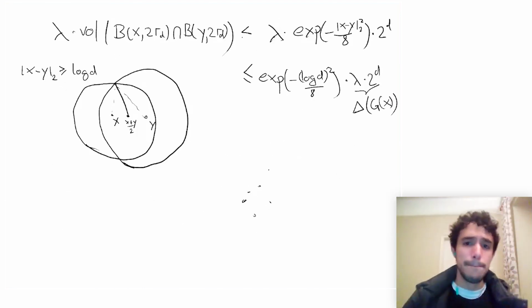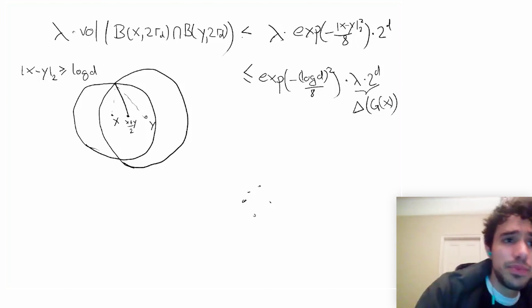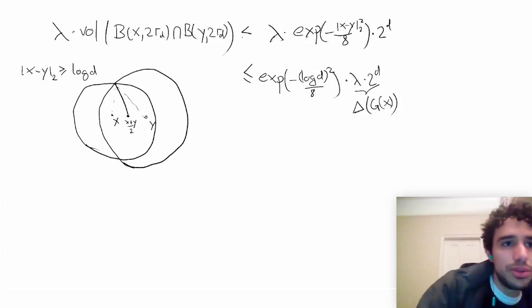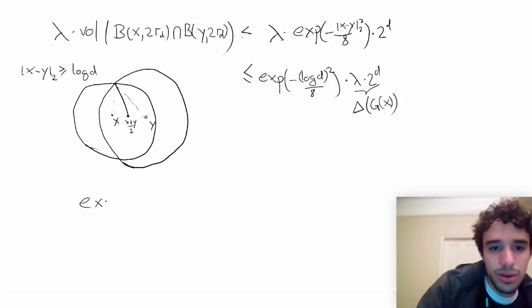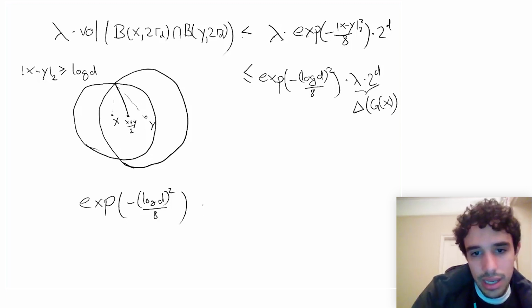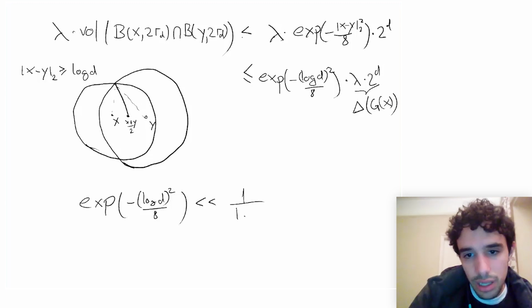Okay, so just to finish this, the point is that we just need to show that this exponential of minus log d squared over 8, for instance, is much smaller than 1 over log delta to the 7.